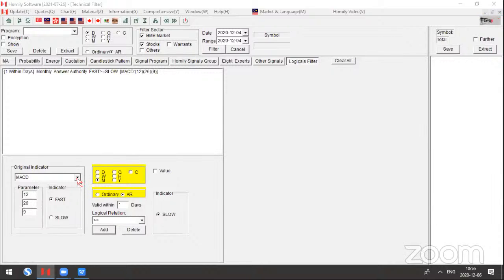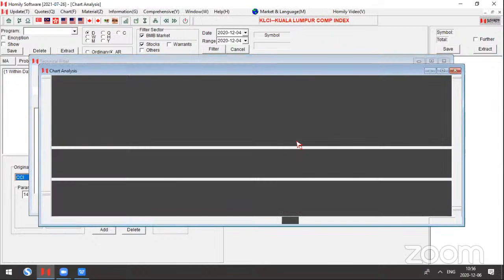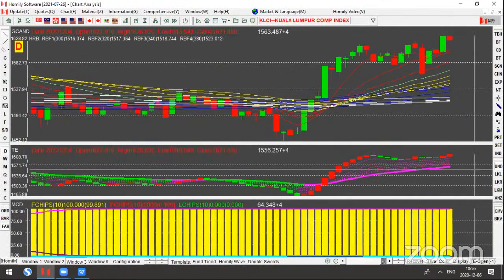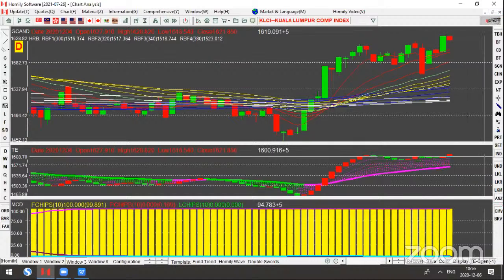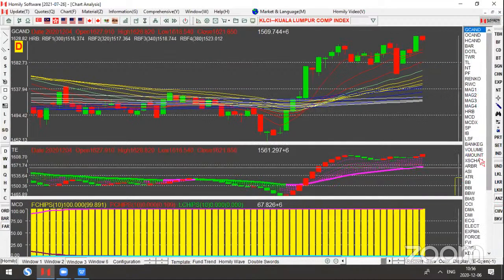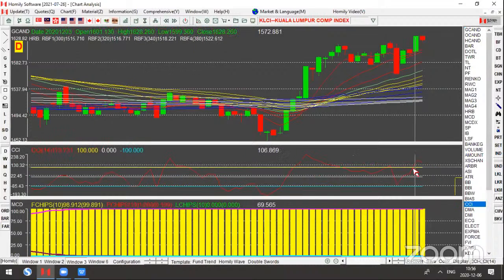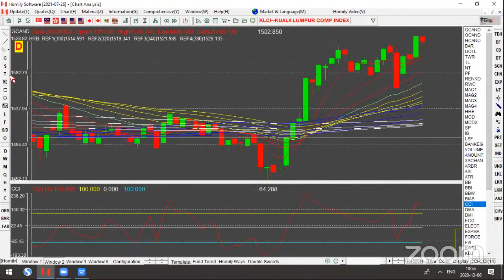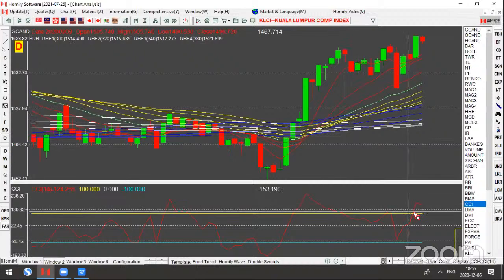The weekly chart is based on CCI, right? So you can choose CCI from here. From the original indicator, we find CCI. We just make it below the yellow line, which will be okay, because we know if CCI is above the yellow line, it is in a high position, right?